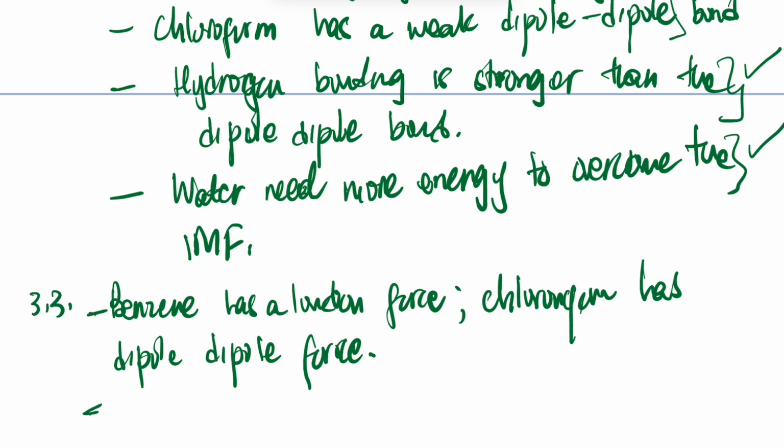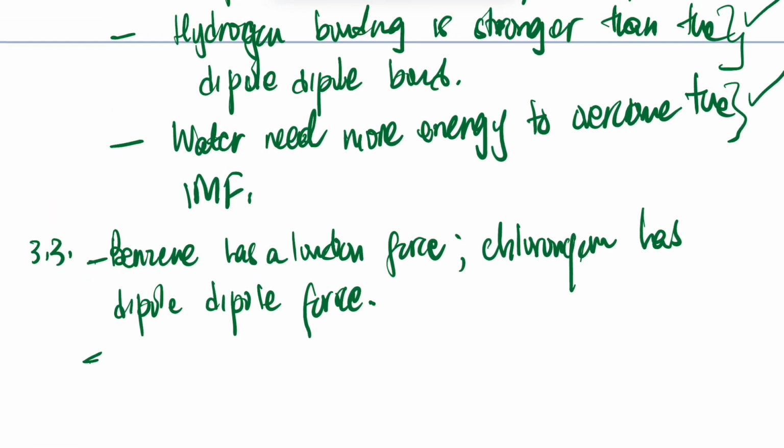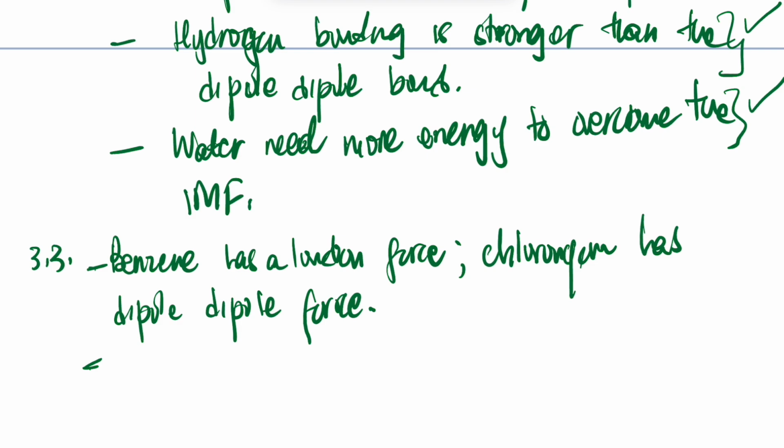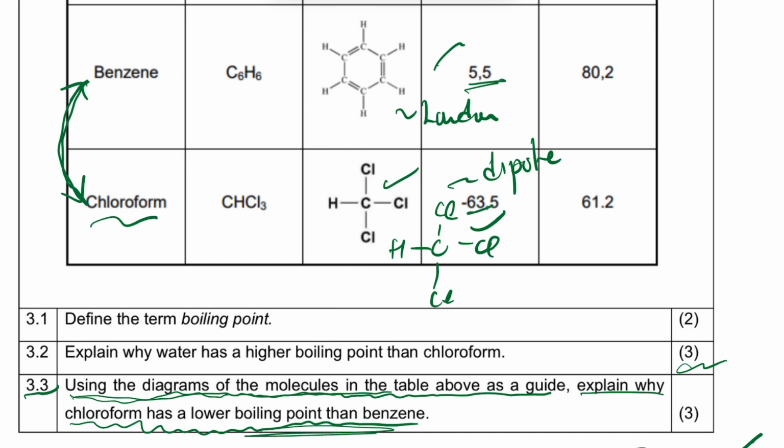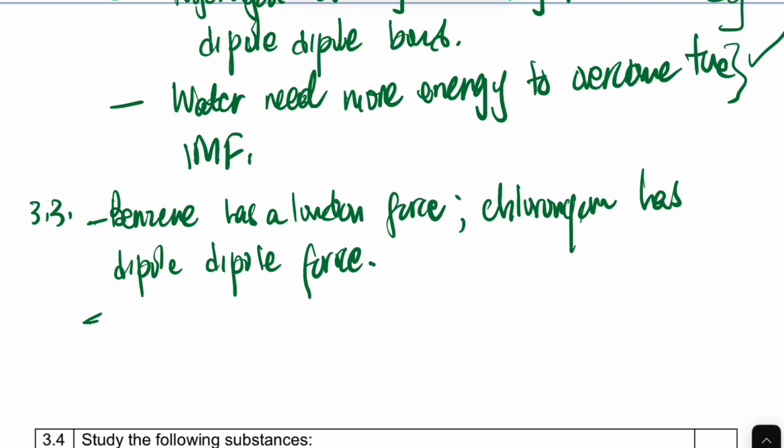But before that, another thing you need to compare by, since they differ in terms of the boiling points, is why the chloroform has the lower boiling point. So you say benzene, since it occupies a lot of space, has a larger surface area.